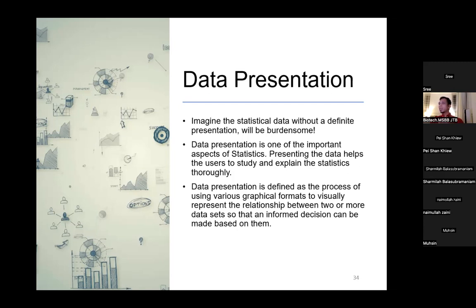So data presentation is defined as the process of using various graphical formats to visually represent the relationship between two or more data sets so that an informed decision can be made based on them. For example, just now I mentioned to you, if we use the graph, for us to see the pattern.